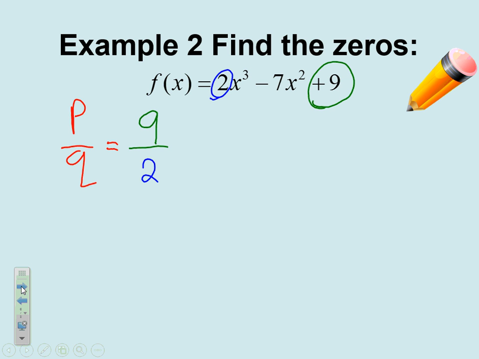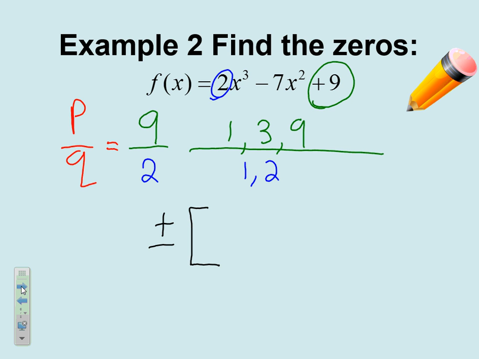Now I have to take all of the factors of 9 and 2. So the factors of 9 are 1, 3, and 9. And the factors of 2 are just 1 and 2. So all of my possible zeros, so it's plus or minus, we're going to put them in here. 1 divided by 1 is 1. 3 divided by 1 is 3. 9 divided by 1 is 9.